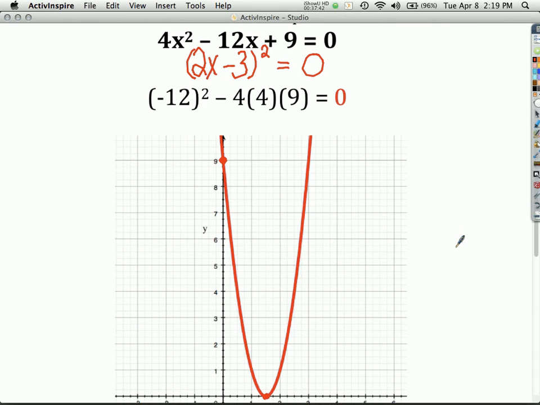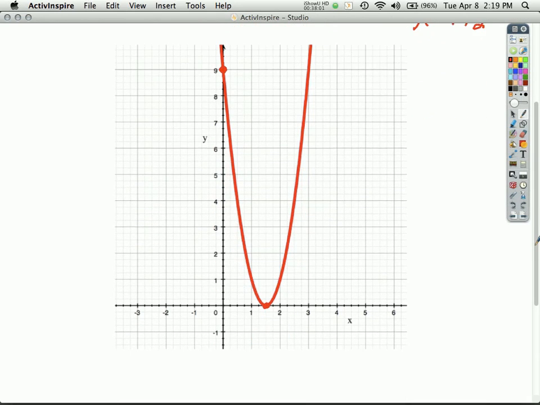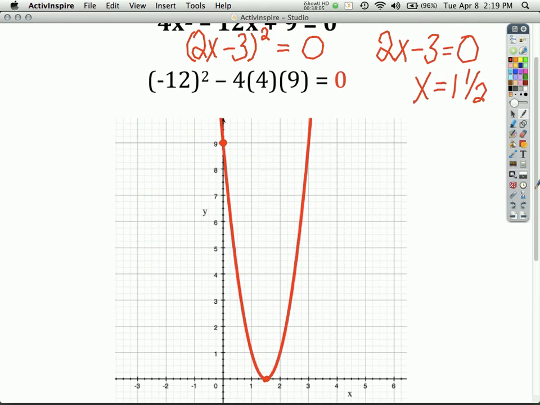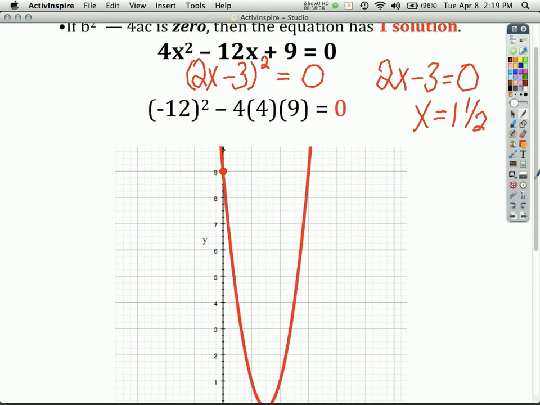Well, if it's positive, it will only have one solution also. But we'll talk more about that. But you're absolutely right. And so when you solve this, you get 2x minus 3 equals 0, and x equals 1.5. And that is another way to demonstrate the solution right here. So what Chris has made is a tremendous connection between what we've done in the past, factoring perfect square trinomials, and what we're doing right now. Excellent observation.